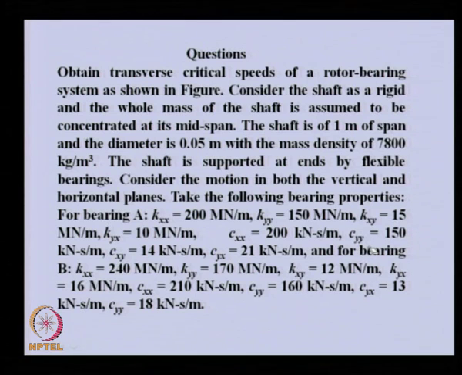In this case, we are considering different bearings at the left hand and right hand ends, so that we can generalize this method. This is the other end bearing, the right hand side bearing, having another 4 coefficients of damping and stiffness.